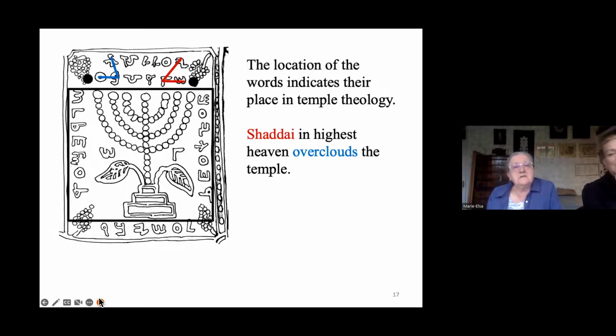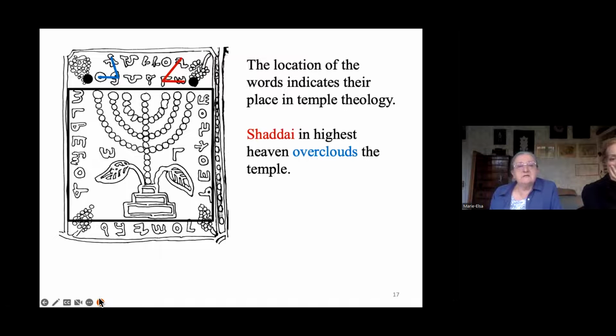Up in the highest heaven, you have a pair of words. Now, on the right, in red, starting to read at the black dot, you have the name Shaddai. Shaddai, despite the English translations, does not mean Almighty. Shaddai means the one with breasts. This is the female mother figure that was so important in temple theology.